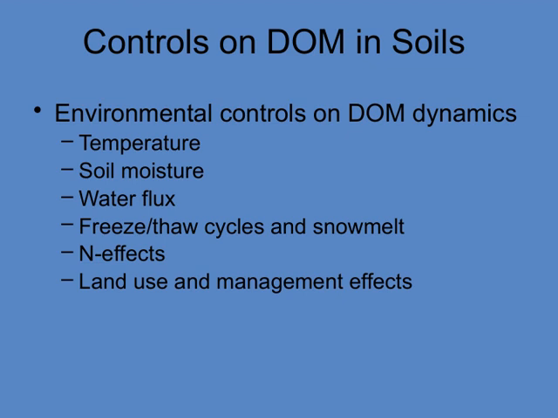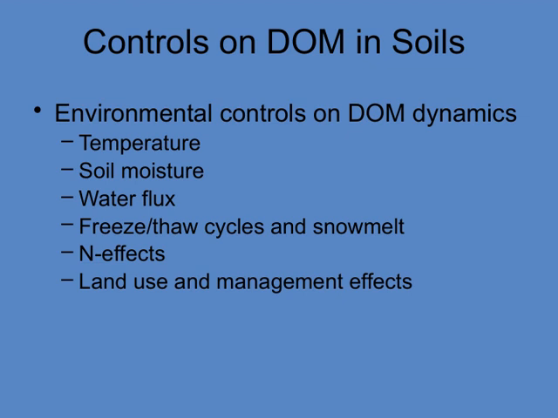Freeze and thaw cycles, along with snowmelt, are particularly interesting because they cause physical disruptions, releasing DOM trapped in frozen soils and stimulating microbial activity during the thaw period. Nitrogen effects, or N effects, are also significant since nitrogen availability can influence microbial growth and DOM processing.